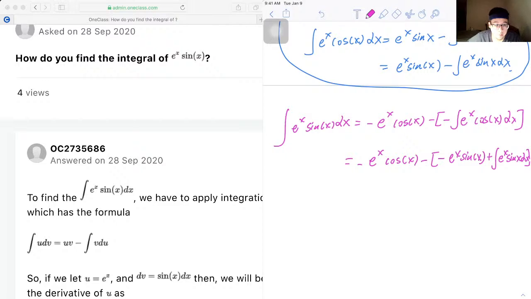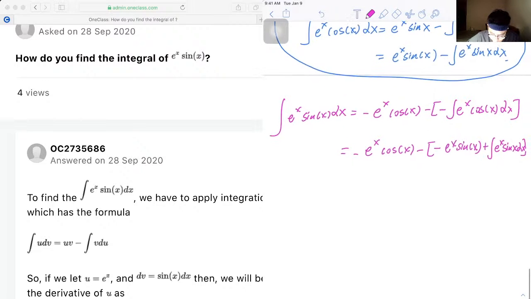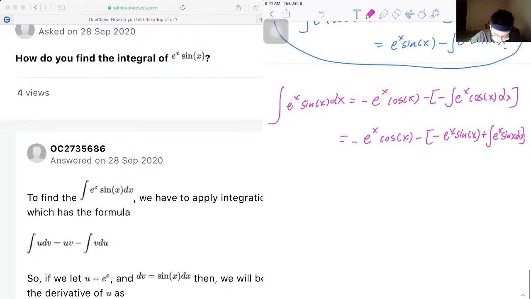Simplifying that will give us negative e^x cosine x plus e^x sine x minus integral e^x sine x dx.